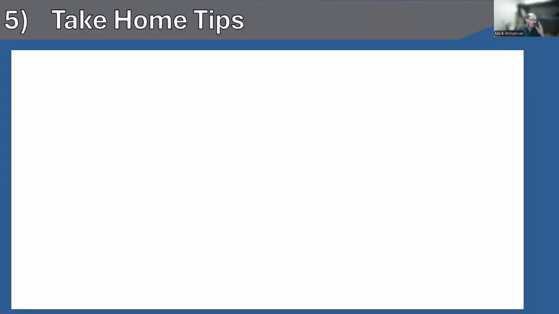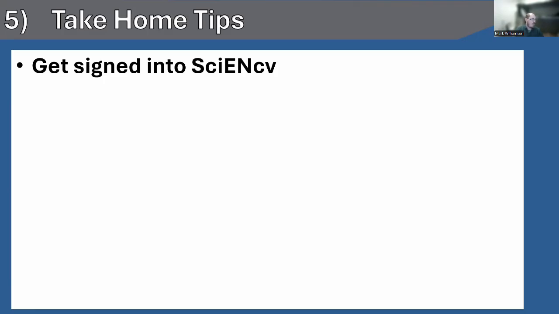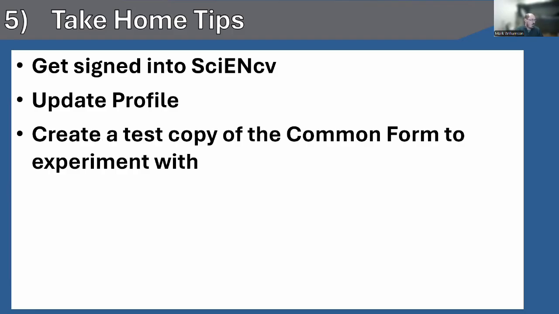Closing our time here are some take-home tips when it comes to dealing with the new format for the Biosketch. First of all, get signed into SciENcv. Make sure you can access it and start playing around with it. Once you're in SciENcv, the first thing you should do is update your profile, make sure everything is up to date and looking good. Then I would say create a test copy of the common form to experiment with, to learn your way around it, even maybe filling out all the boring required parts.